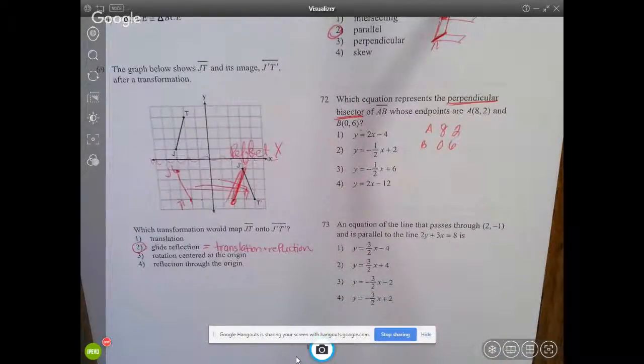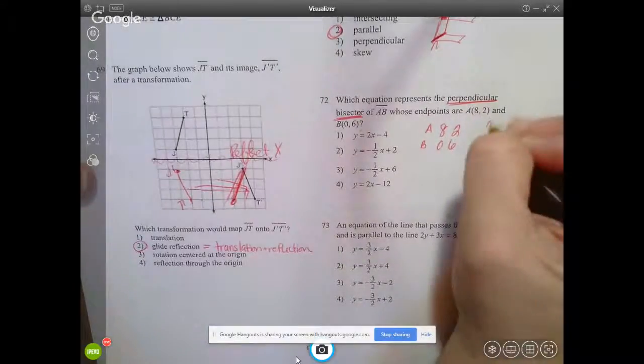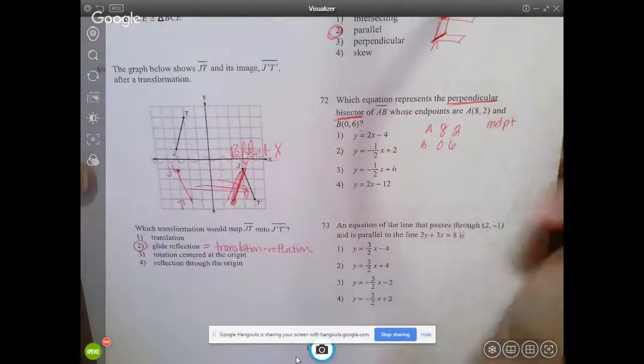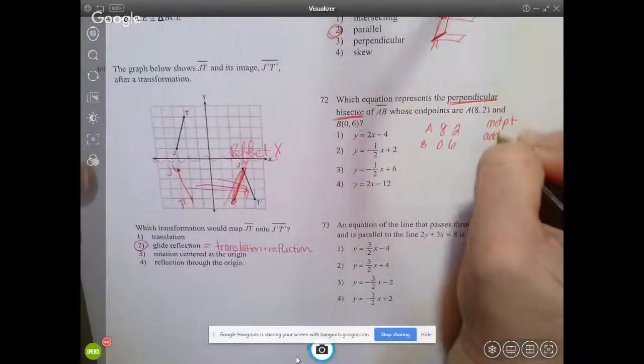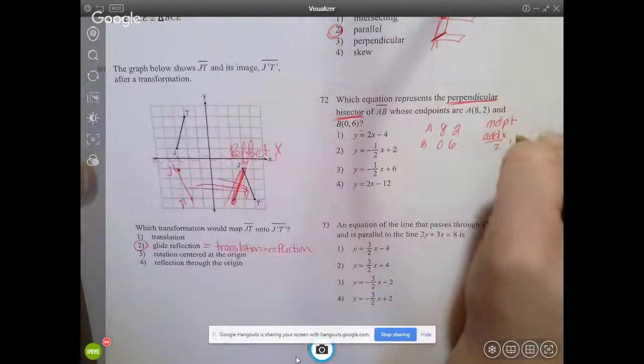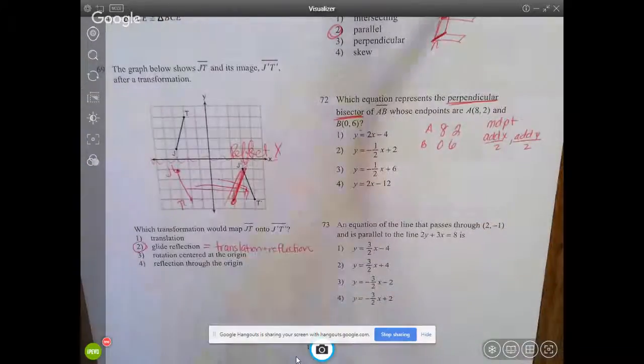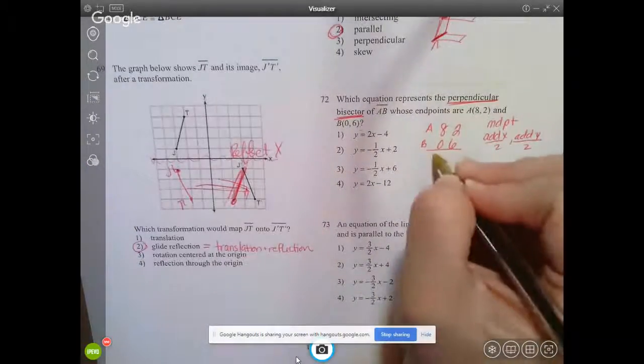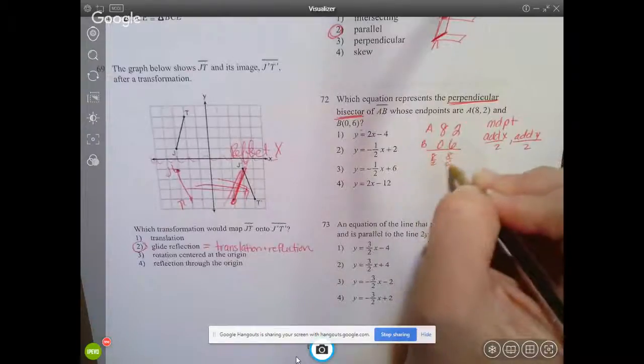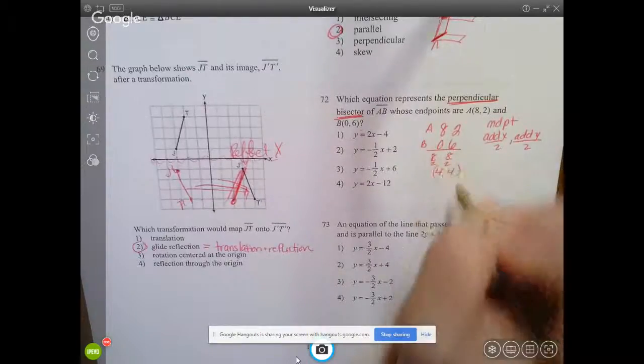What's the midpoint formula? Because this one you have to have memorized. It's x1 plus x2 divided by 2. Exactly. We add the x's and divide by 2, add the y's and divide by 2. So first we're finding the midpoint. I'm going to have 8 divided by 2, 8 divided by 2. So my midpoint's at 4, 4.